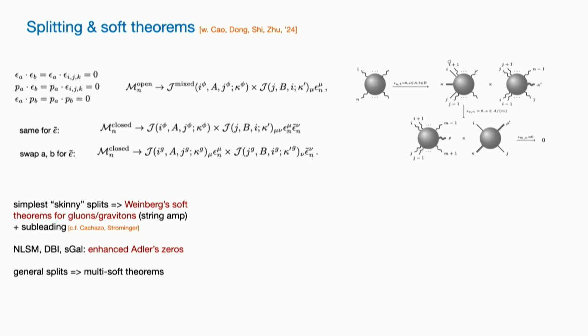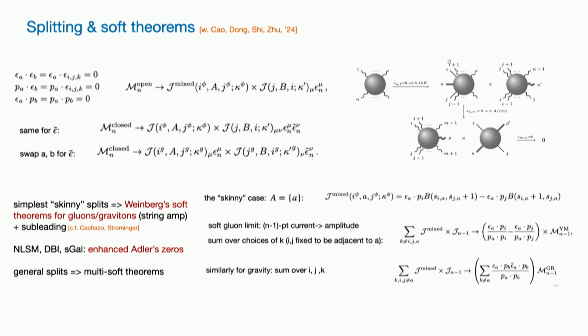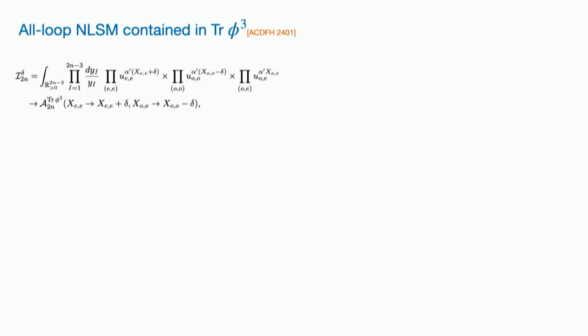And for the effective field theories, they imply the enhanced Adler theorem. Of course, if you study more general splittings, you start to see some multi-soft theorem, which I think is very interesting to explore further. Okay, so let's go back.